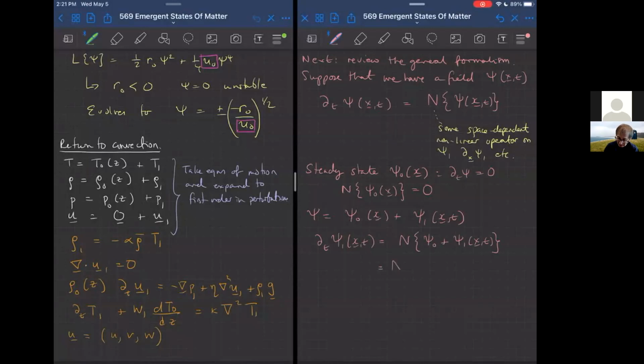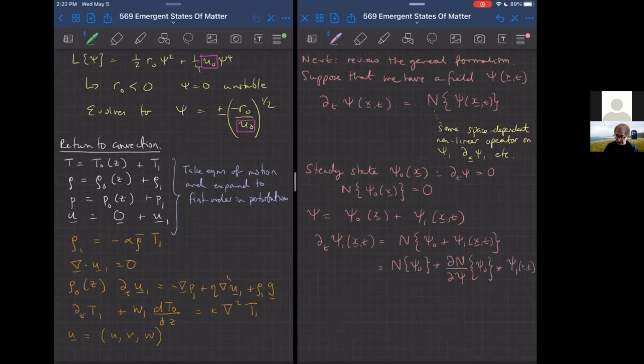So this is going to be the nonlinear operator acting on psi naught, plus dN by d psi evaluated at psi naught acting on the function psi 1 of x and t.